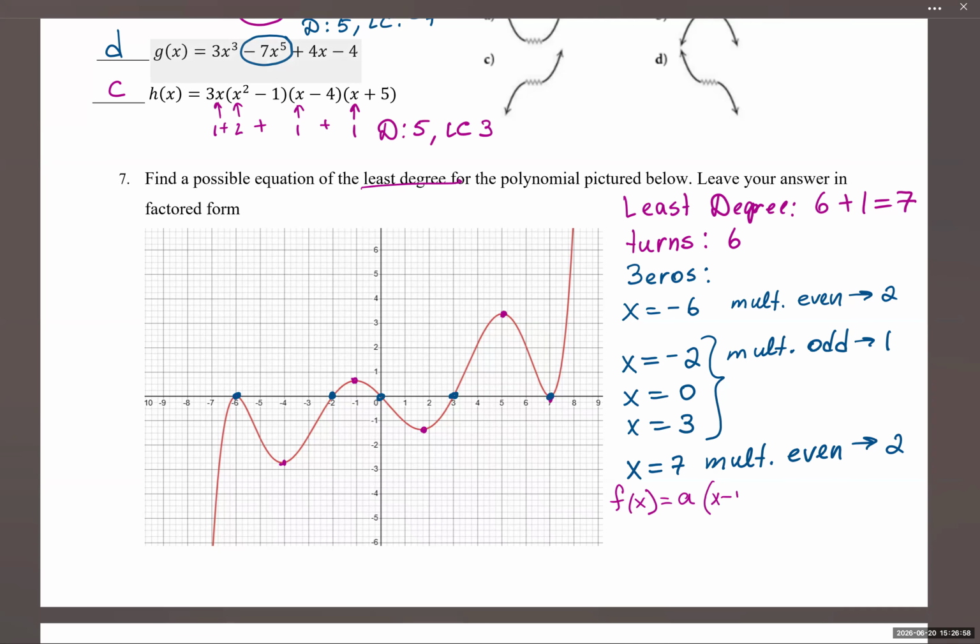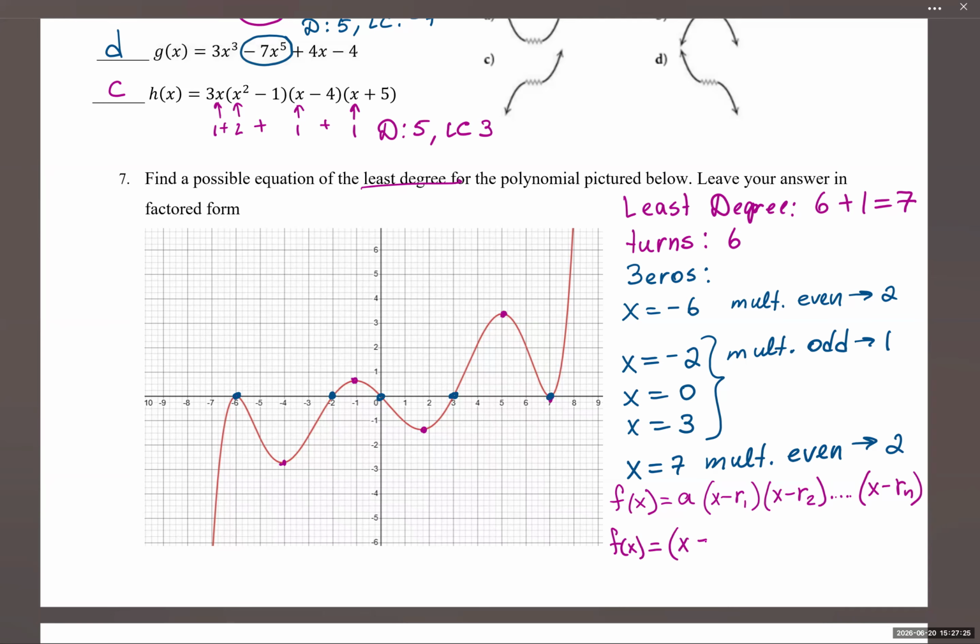Then x minus r1, x minus r2, and then it just keeps going until you run out of zeros. So r's are roots or zeros or x-intercepts or solutions for this polynomial. So let's go ahead and plug in our numbers. So f of x equals a, we're going to assume it's 1 since we don't have any way to calculate it.